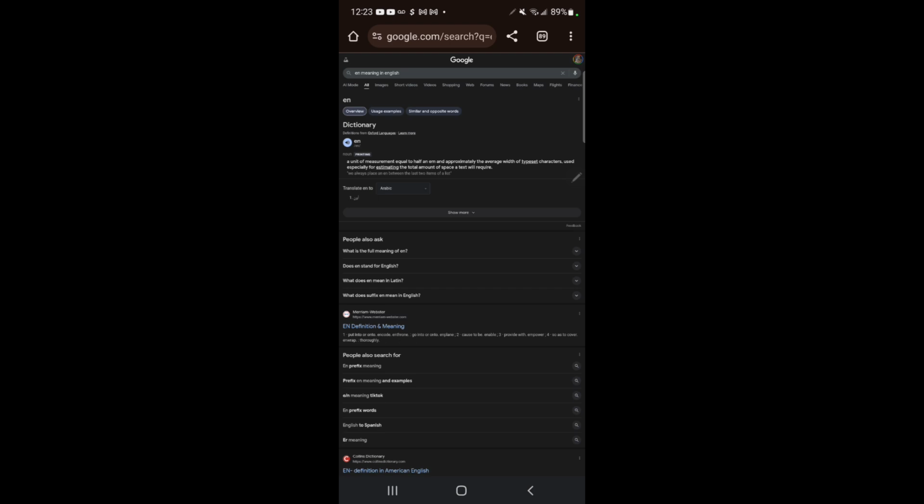And let's talk about the suffix en, since we've been through NE. En is a unit of measurement equal to half an em, and approximately the average width of the typeset character, used especially in estimating. Oh, you mean an EST word, like establish.